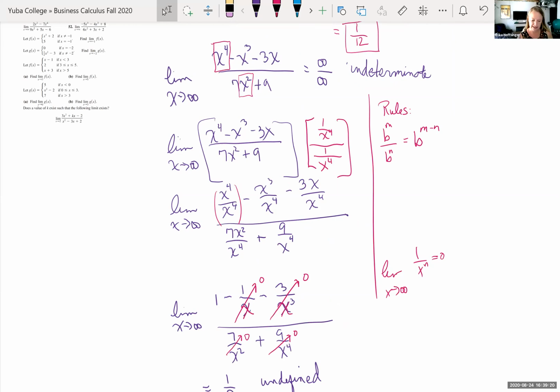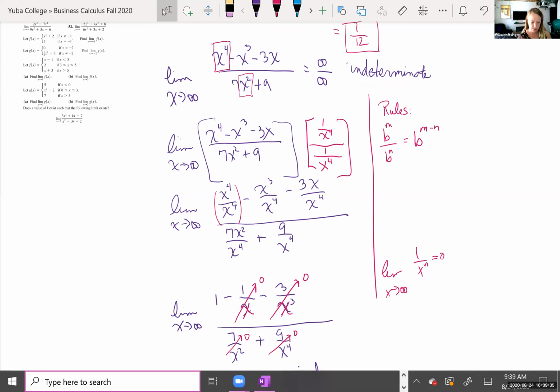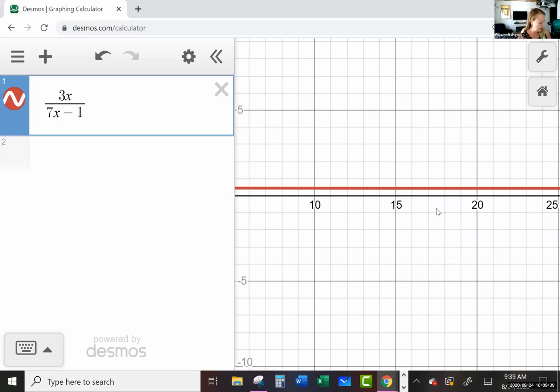So let's just look at that graph real quick. I need to write down the formula or I won't remember our function. Okay, so looking at the graph, I'm going to rewrite it.